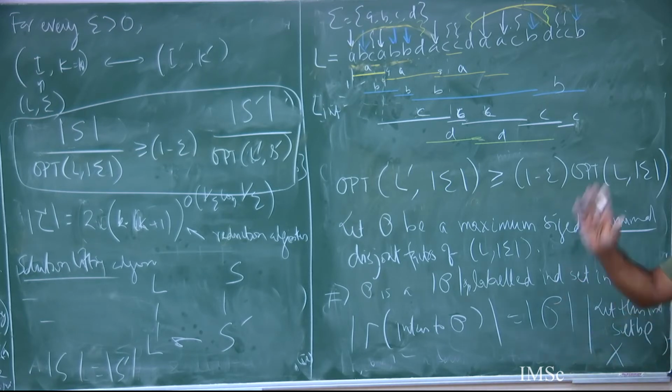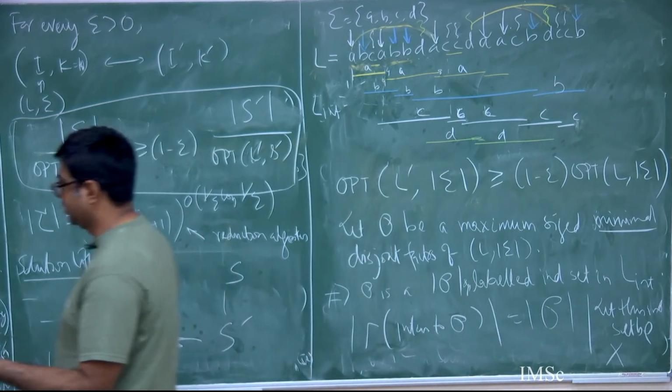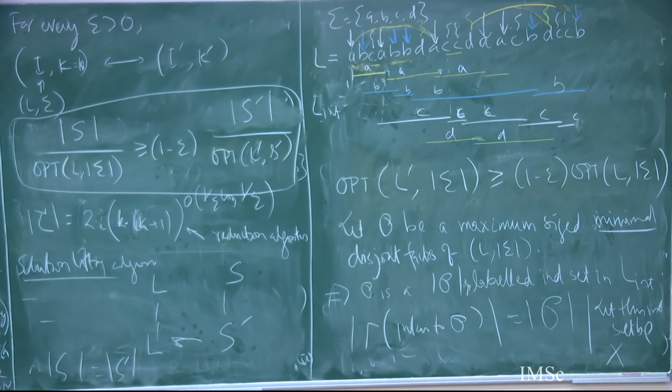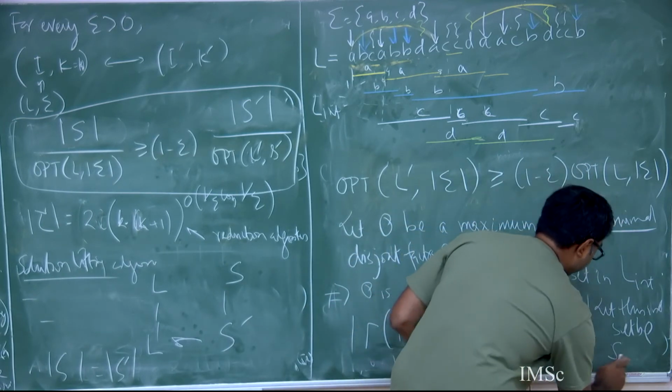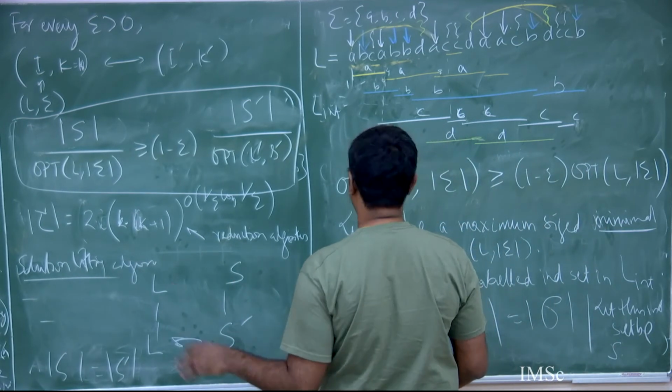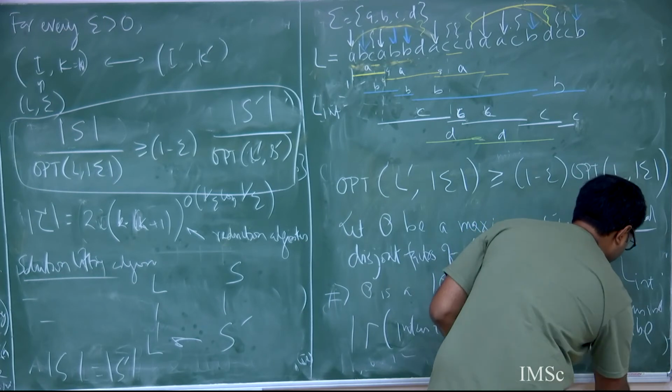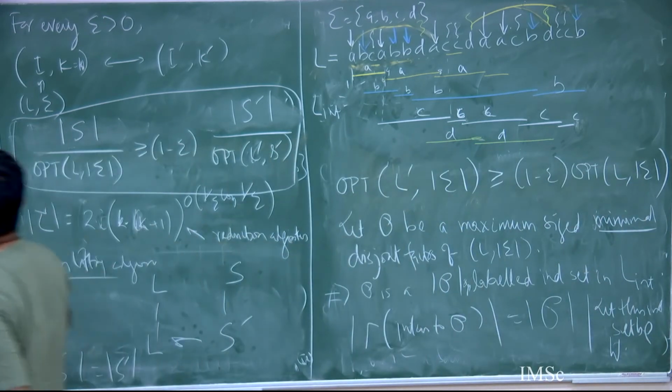Now what does our epsilon u list tell us? What does this tell us? That if I have an independent set X with a certain number of labels, then, no, I shouldn't say X, this is rubbish because I am already using S. S also I have used somewhere, so let's not use this, let's call it W, okay. So what is implied?